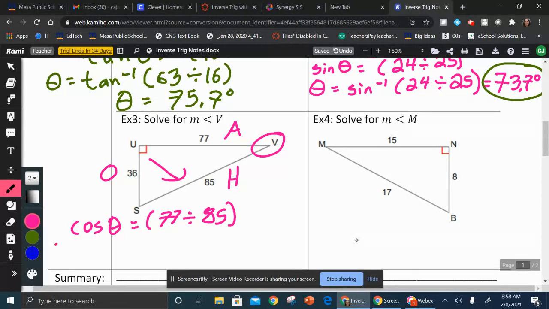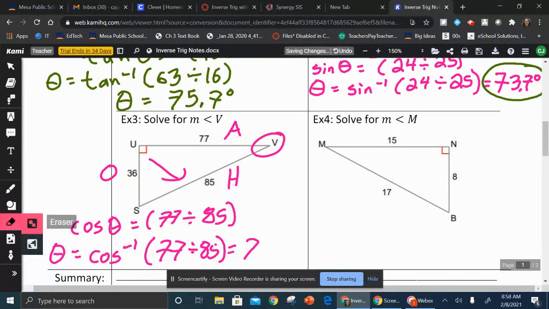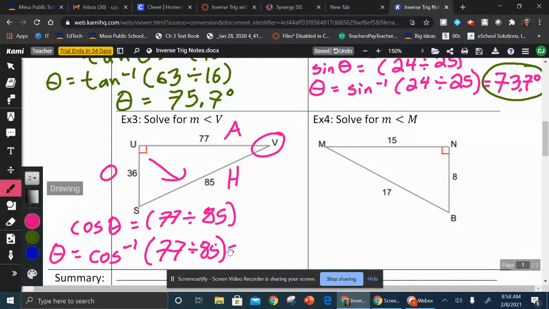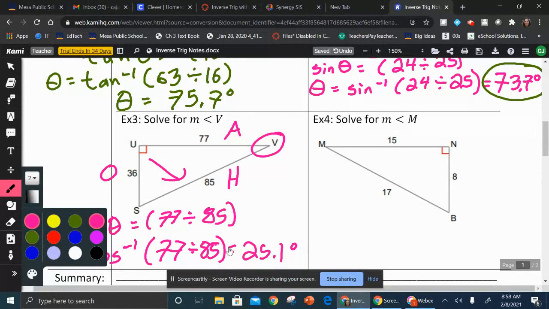Theta is going to be equal to cosine to the -1. We put that in the calculator, and we get, I feel like I'm not writing this well enough, 25.1 degrees.